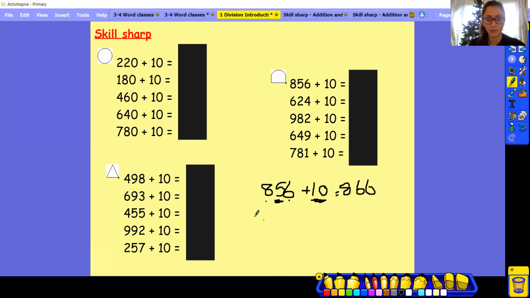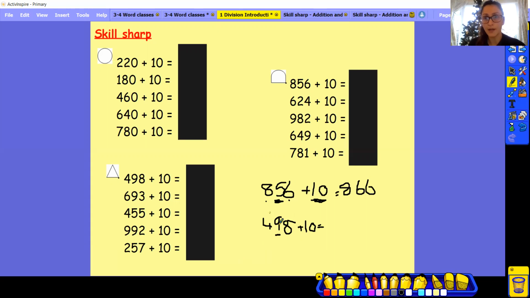Let's do this one, because this one it starts to get a little bit trickier. So I've got 498, add 10. Okay, so remember, we've got hundreds, tens and ones. Remember, the ones don't need to change if you're adding 10. However, in this number of 498, we've got 9 tens, okay?